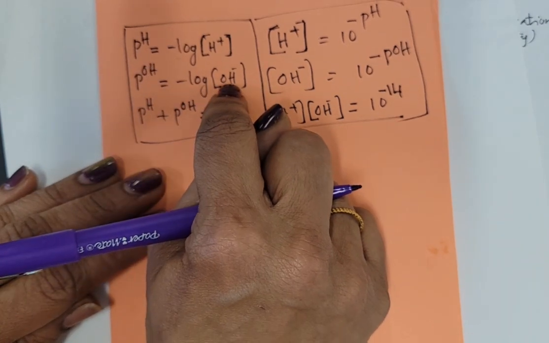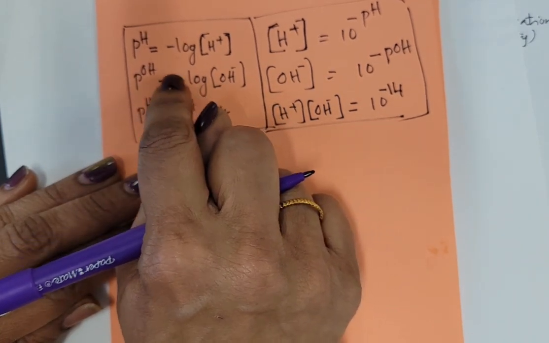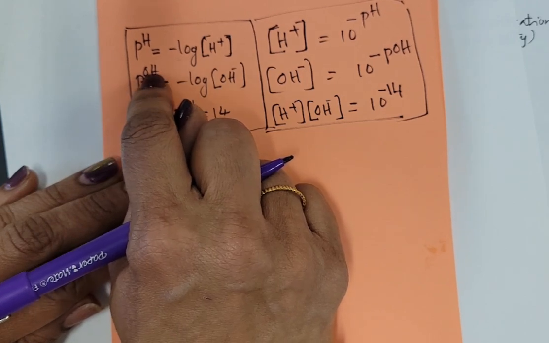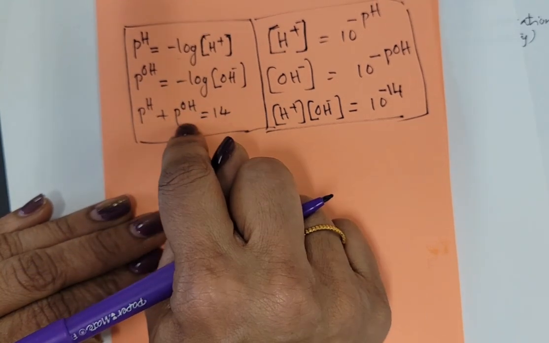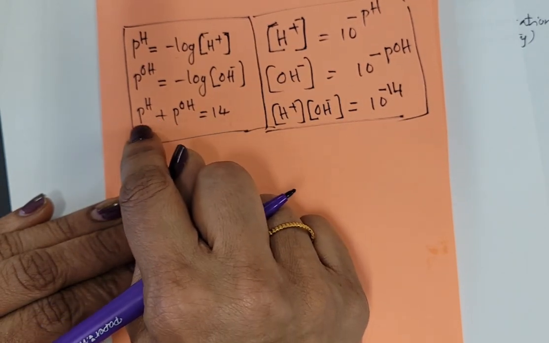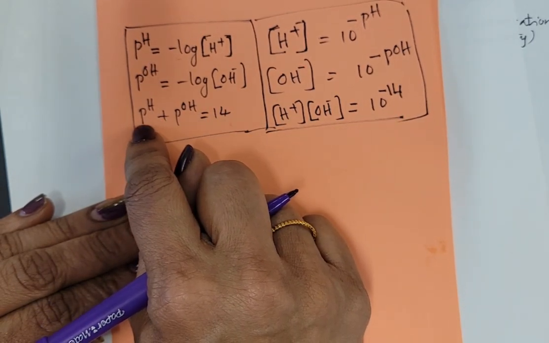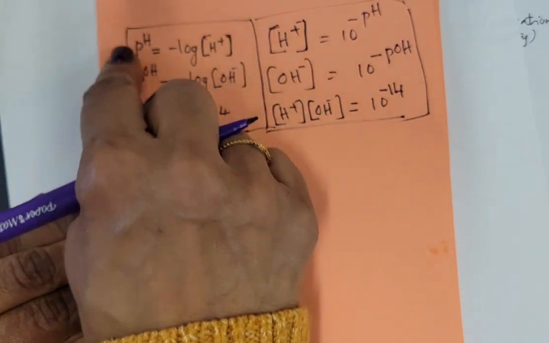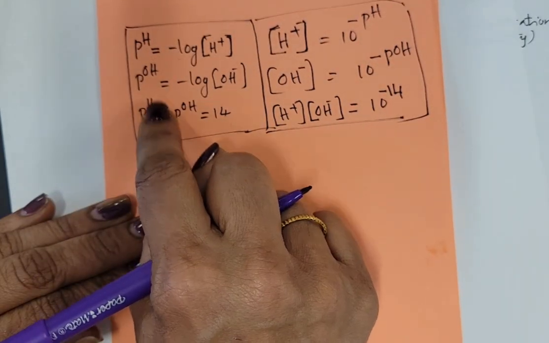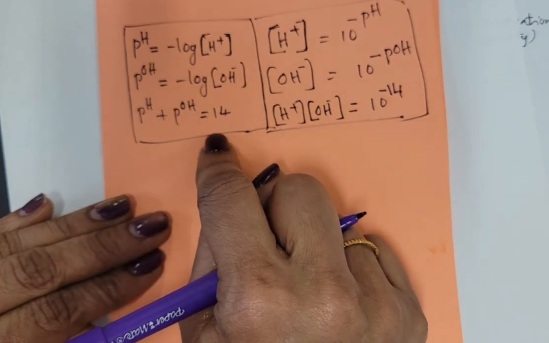If a base is given, you use this equation to find pOH, which is the potential of hydroxide ion. Then use this one, subtracting from 14, to find the pH. These are the equations you use if you want to find pH, depending upon what is given.